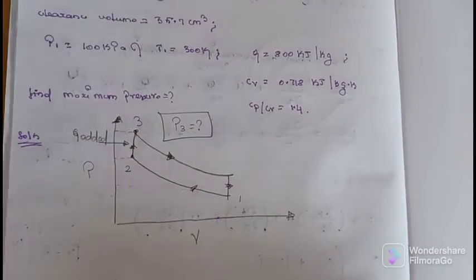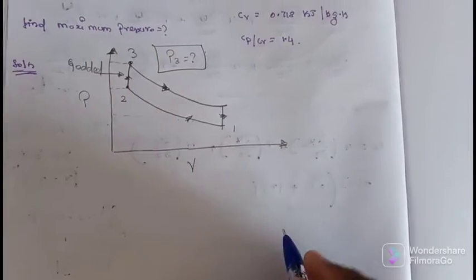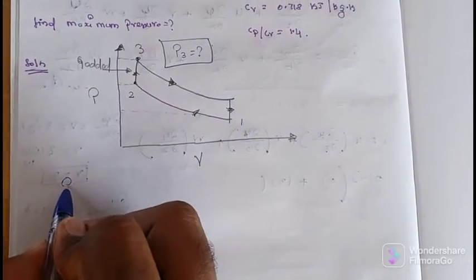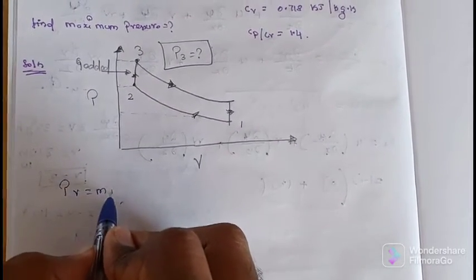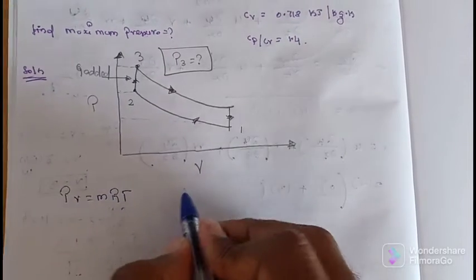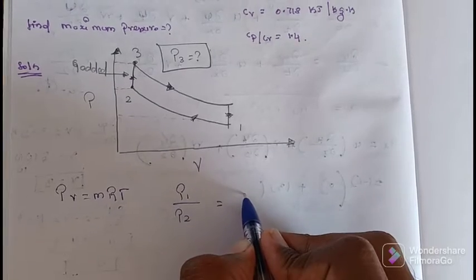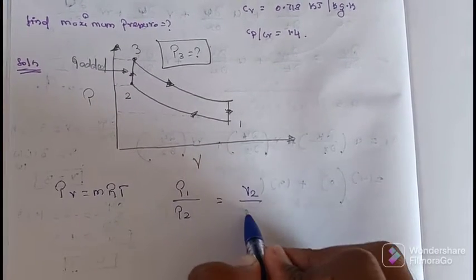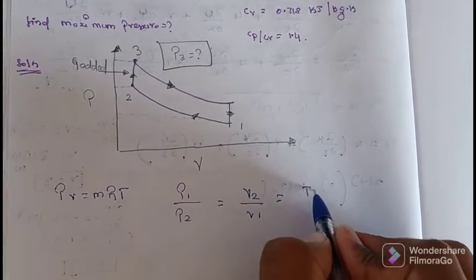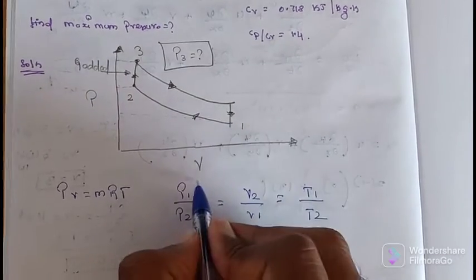For that we should know the relationship between P, V and T. PV is equal to mRT is the ideal gas equation. So we can consider P1 by P2 is equal to V2 by V1 is equal to T1 by T2.